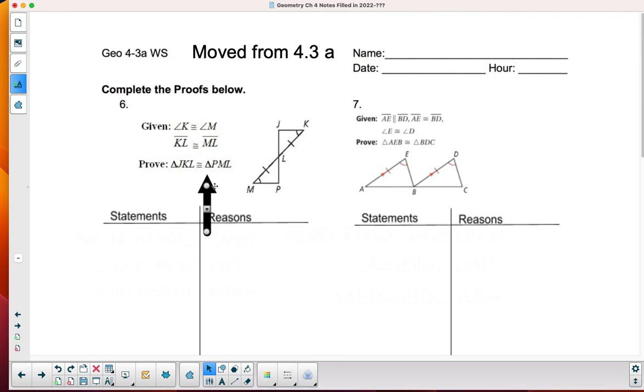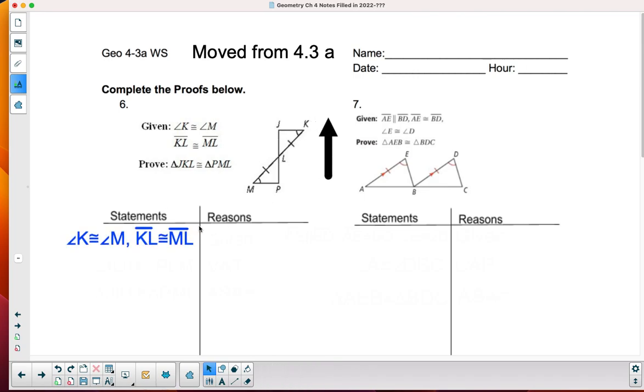Well, I'm going to write that down, but remember, I'm probably looking at angle, side, angle here because this whole thing looks like a bow tie. So since it looks like a bow tie, I'm looking at angle PLM and angle JLM, and LK being congruent because of the vertical angle theorem.